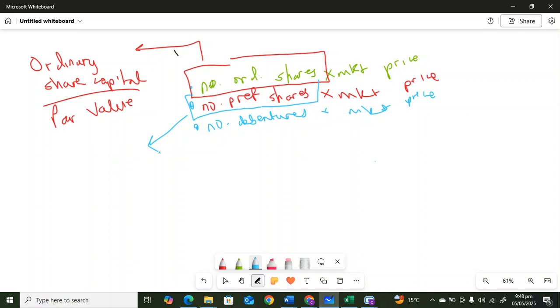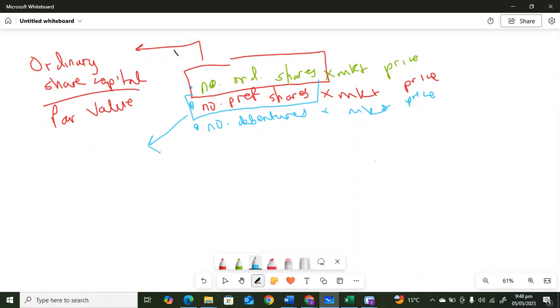What do we divide by the par value? That's not my question. I'm saying what do we divide by the par value to get a number of preference shares?